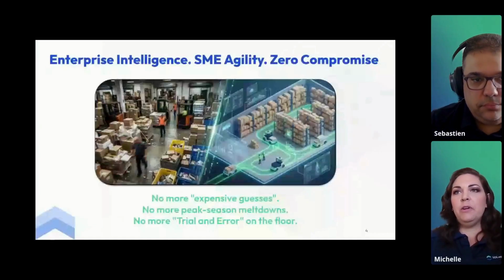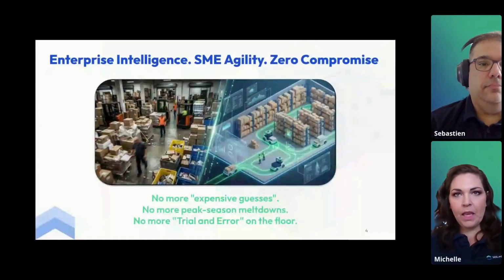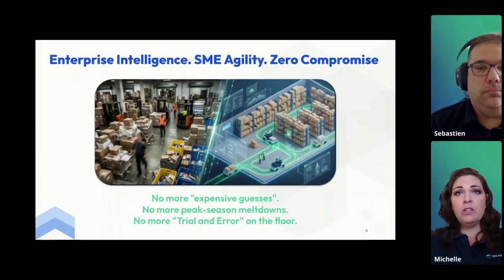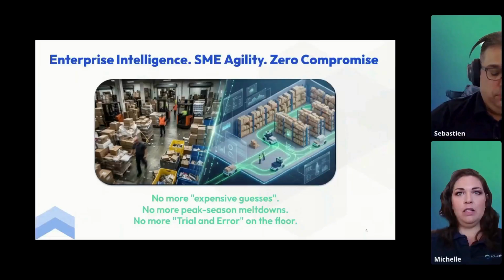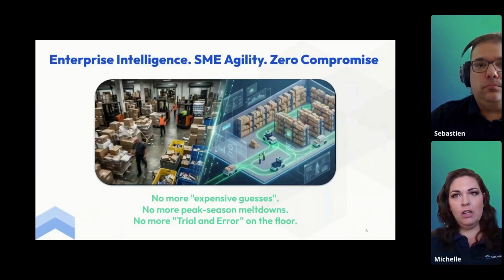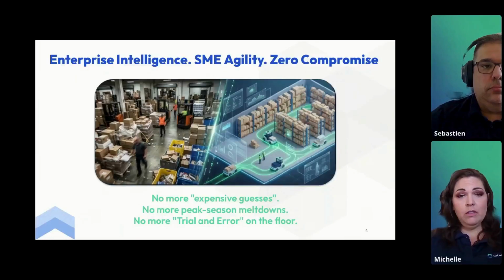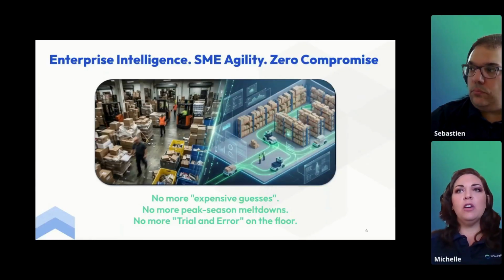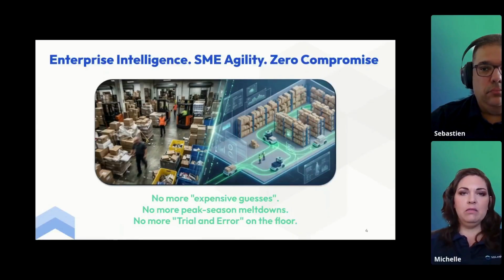So now that you see where we're headed today, I want to start with a bit of a reality check. For a long time, there's been a massive tech gap in our industry. You either had enterprise-grade intelligence, which costs a fortune and takes over a year to install, or you had SME agility where you move fast, but you essentially flew blind.